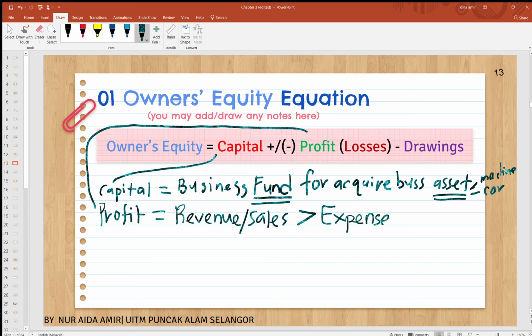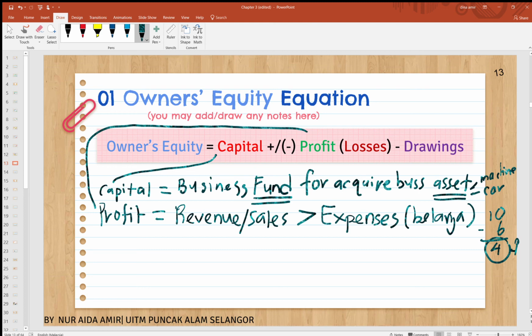Okay, expenses ni ada perbelanjaan, belanja you. For example lah, sales you sebanyak RM10, tapi kos-kos or expenses yang you keluarkan sebanyak RM6. So bila you tolak 10 tolak 6, RM4. RM4 inilah profit you.